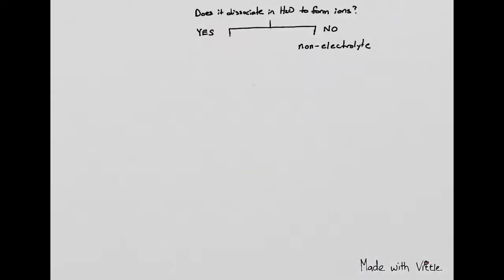I'm a pretty visual learner, so things like flowcharts can really help me see how the terms are all connected to each other. In this case, the first question you can ask yourself is, does this substance dissociate in water? If the answer is no, then we have a non-electrolyte. If it does, then we have an electrolyte.